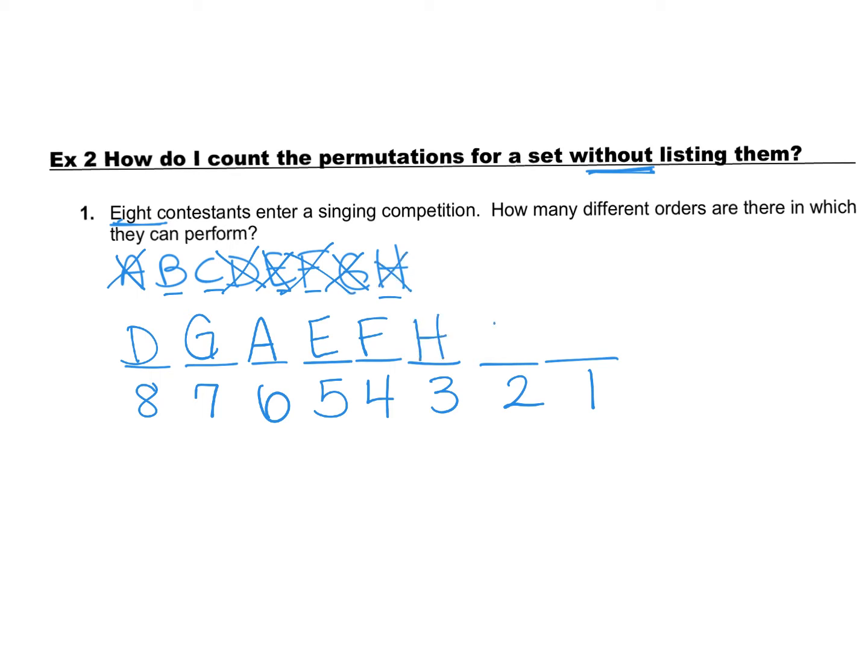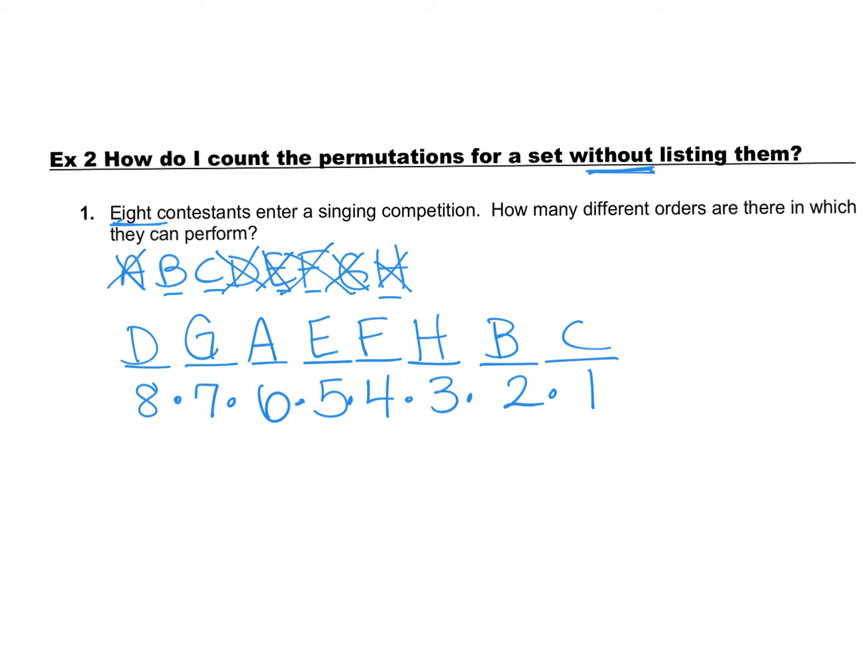And then I want B, and C. All right. So now to find the total number of arrangements, we're just going to take these numbers here and multiply them together. And that's going to tell us how many different arrangements we would have if we had 8 people in which the order I could put them in to perform.